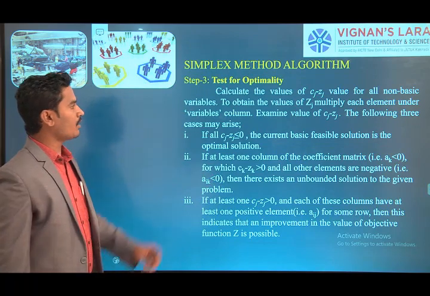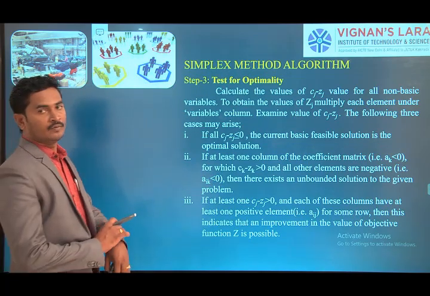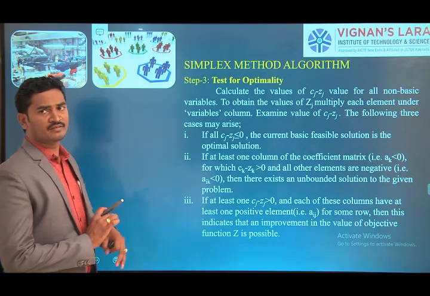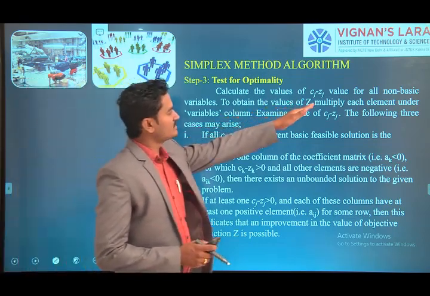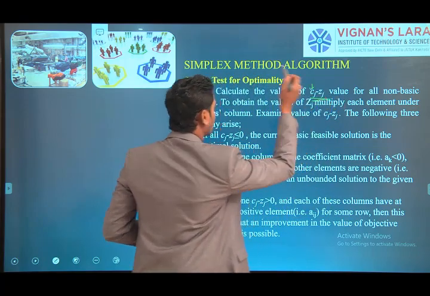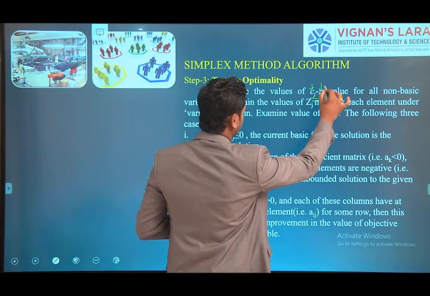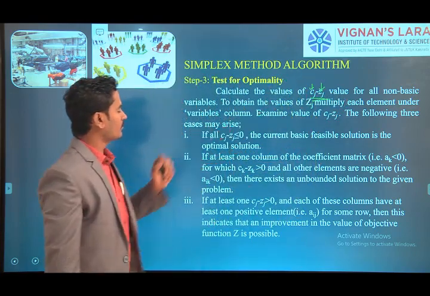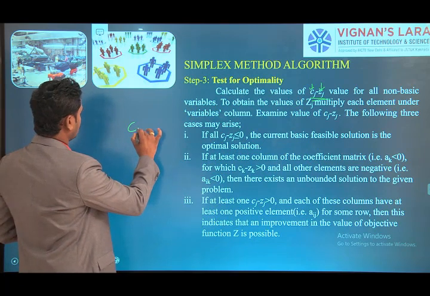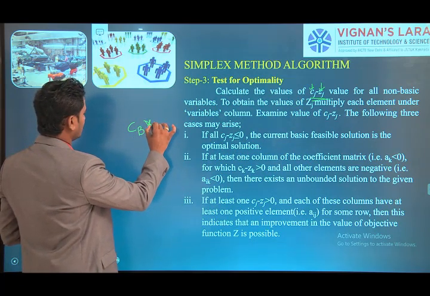Next, test for optimality. In the third step, we test the optimality. Calculate the Cj minus Zj values. Cj is the contribution of the objective function, and Zj is the contribution of the basic variable coefficient and the variables Xij.